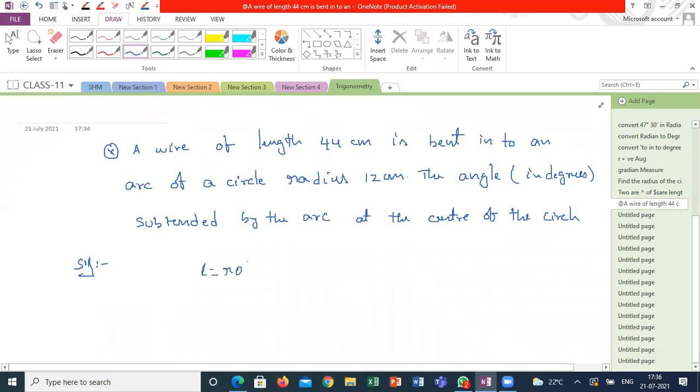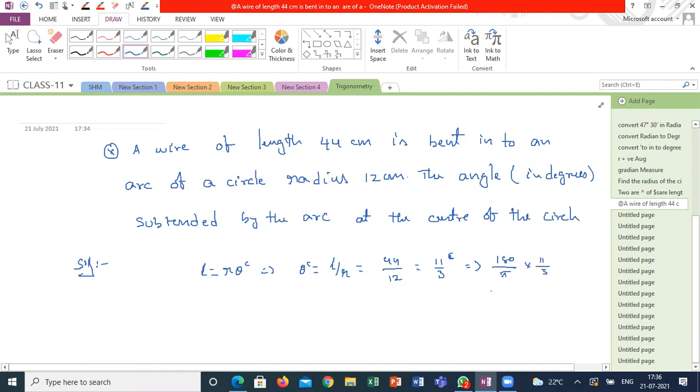L is equal to r theta in radians, so theta in radians is equal to L by r. Where L is equal to 44 and r is equal to 12, from here I can get 11 by 3 radians. If I convert 11 by 3 radians, how much do you get in degree measure? It is 180 by pi into 11 by 3.